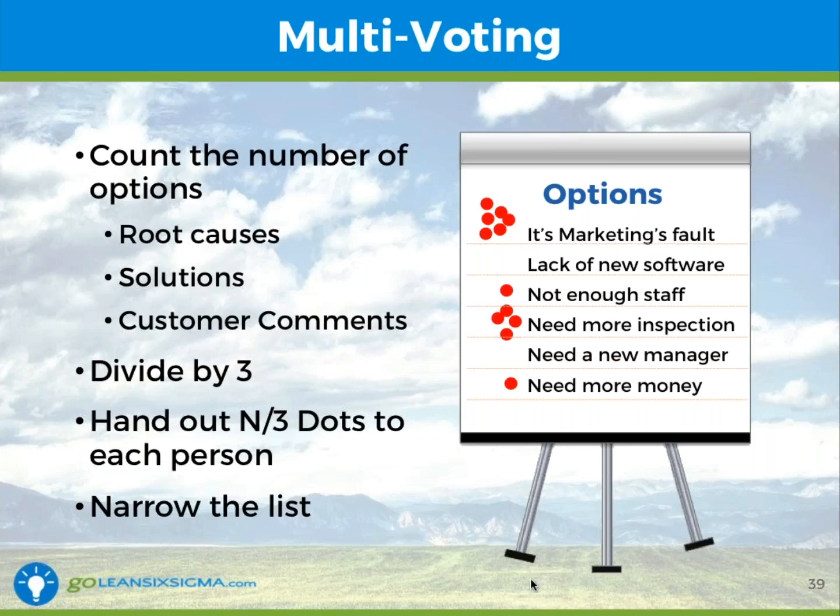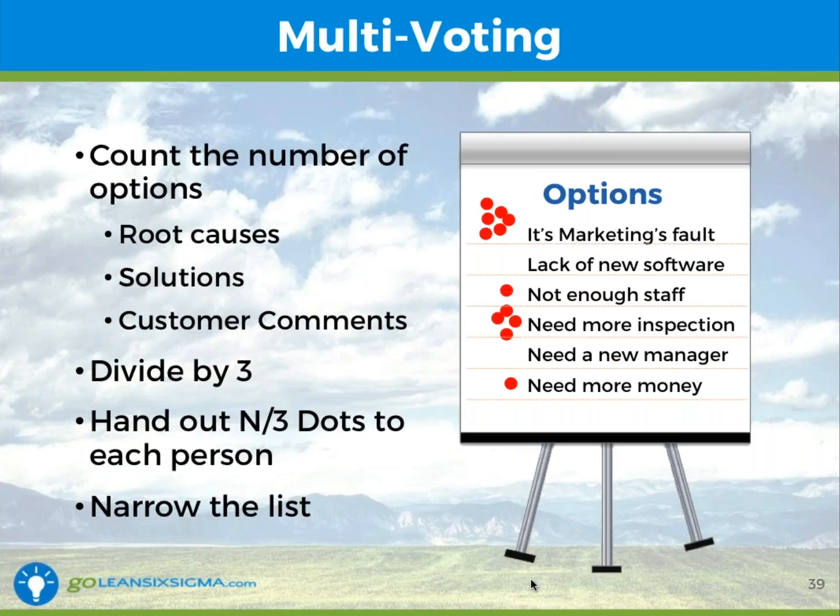But the basic idea is you count up all your options, you divide them by 3, you hand n over 3 dots to each person, and they all put their dots up. So if you had 21 options up there, and you gave everybody 7 votes, they put their dots on 7 different ones. There is an option called Chicago style where you can put more than one dot on one option, but you've got to clarify that with the team up front.